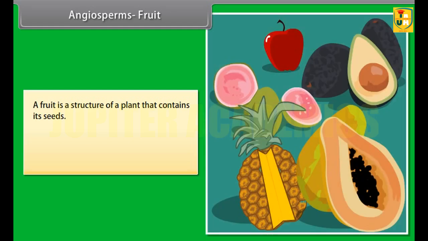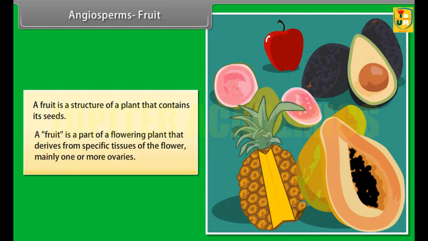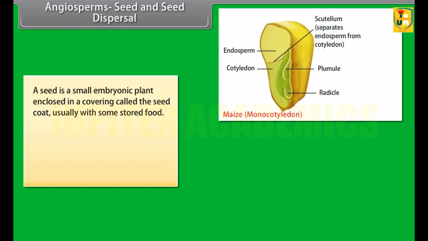Angiosperms: Fruit. A fruit is a structure of a plant that contains its seeds. A fruit is a part of a flowering plant that derives from specific tissues of the flower, mainly 1 or more ovaries. Angiosperms: Seed and seed dispersal. A seed is a small embryonic plant enclosed in a covering called seed coat, usually with some stored food.